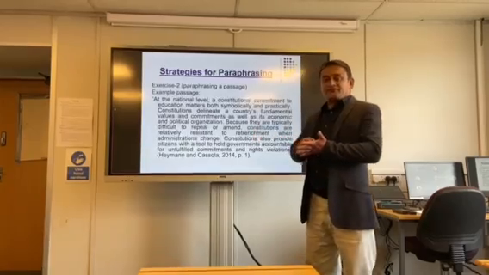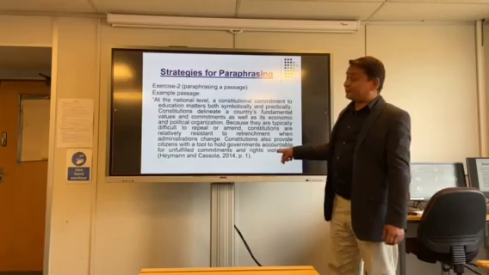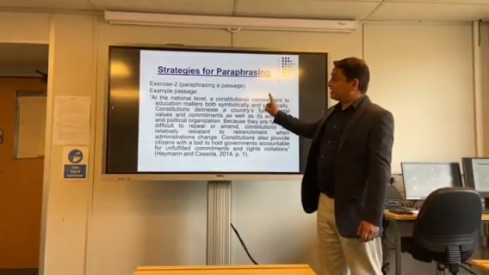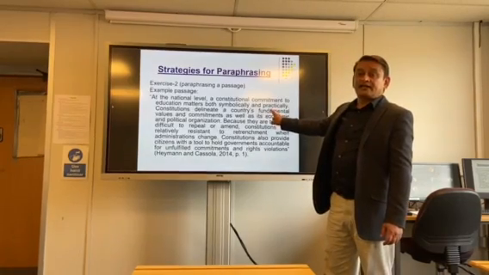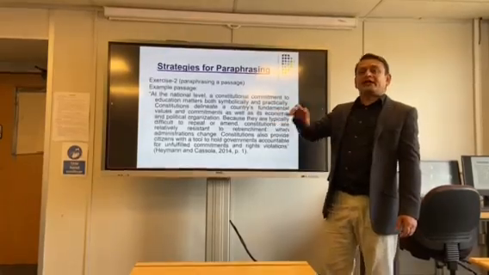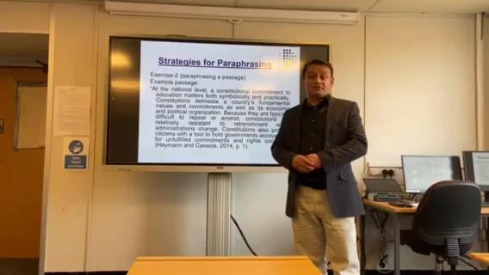Then find the synonyms of those difficult words and rewrite the same information in your own words. But please make sure you do not just follow line by line and word by word. Just take the core information out and do it in your own way. And then definitely we'll discuss with individual people.